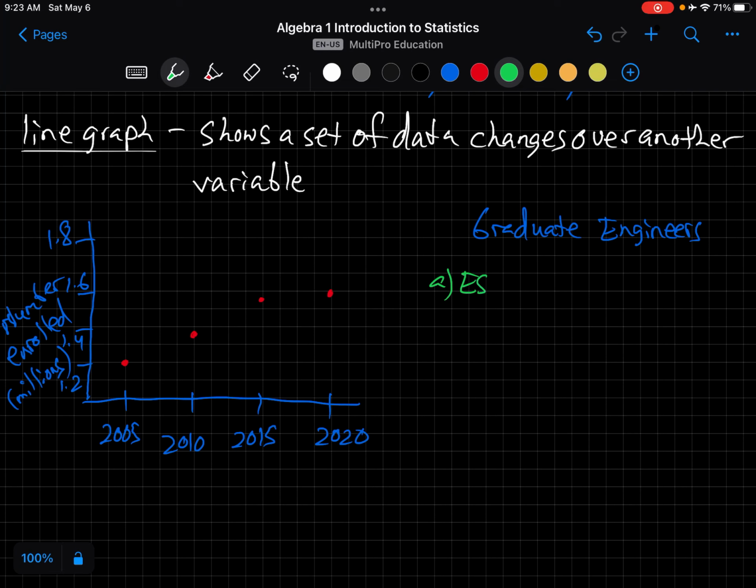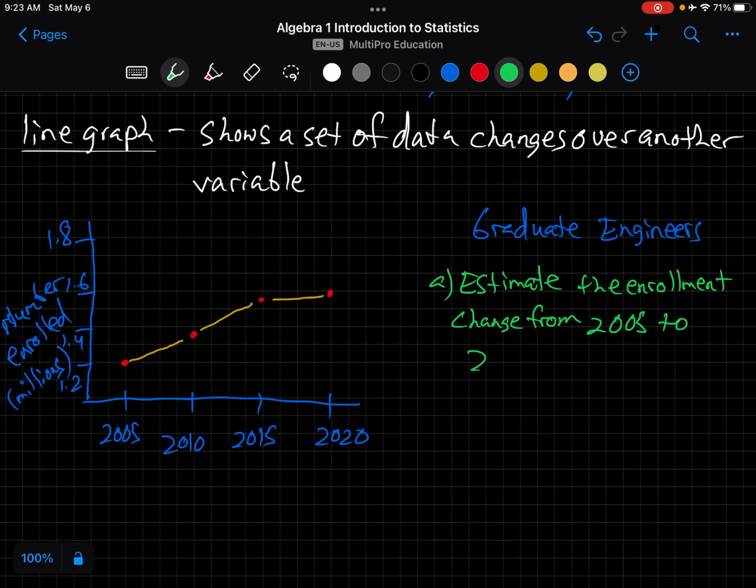All right, so what do we need to do? We want to estimate, and let's connect these dots actually with some lines. So we want to estimate the enrollment change from 2005 to 2015. All right, so let's look at this line graph.